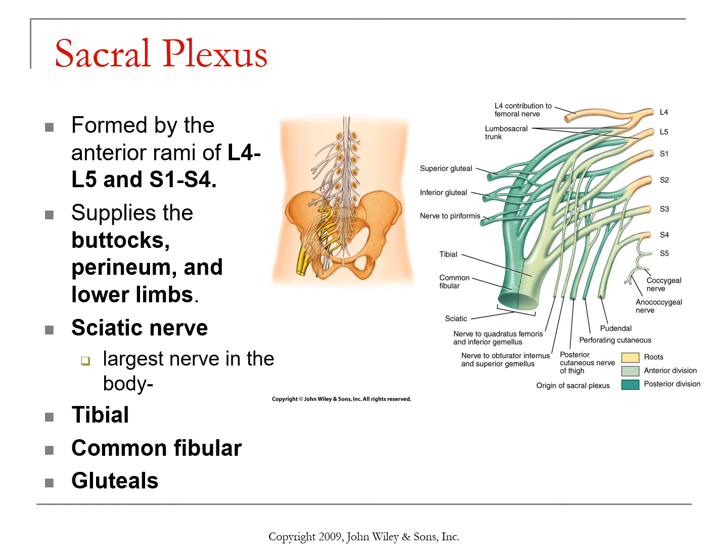Now, while the nerves coming out of the lumbar plexus supply the anterior lower limb, the nerves coming out of the sacral plexus mainly supply the posterior lower limb as well as the buttocks and perineum. So these include the gluteal nerves that innervate the gluteus muscles.